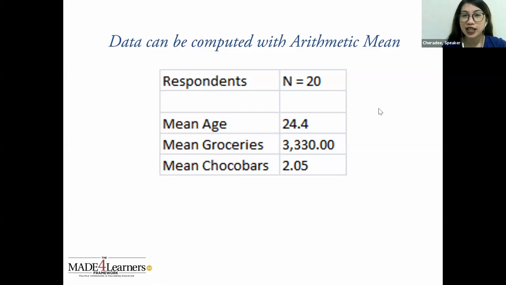What do you think is the reason for using the average and not the mode? Target, yes. So if you want a target, let's say for example, you need to sell 20 products to break even in a production in a day.